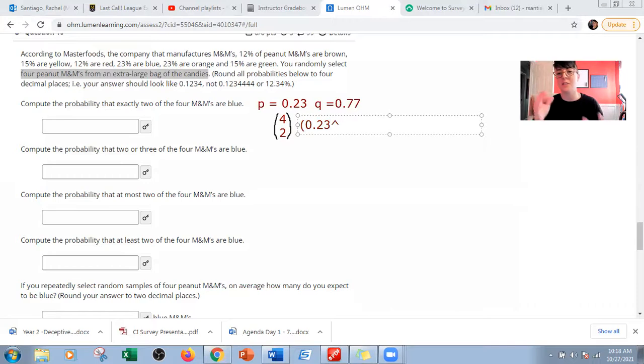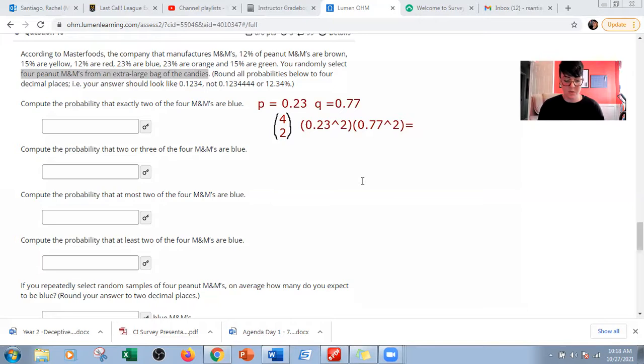We're going to raise that to the number of successful outcomes. So we want exactly 2 of them to be blue, so raise to the second power. And then we want the rest to not be blue. We want those to be failed outcomes. And if 2 out of the 4 are blue, then 2 out of the 4 won't be, right? So that's our equation, that's our formula.